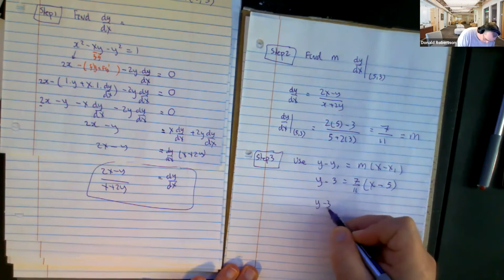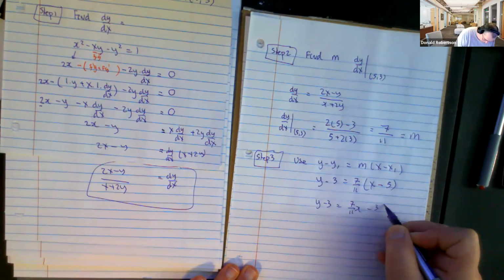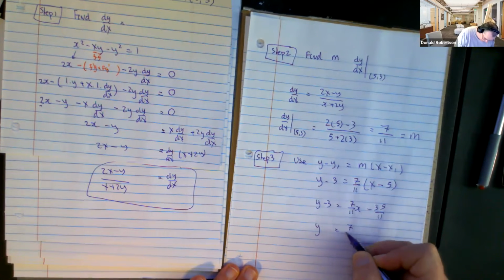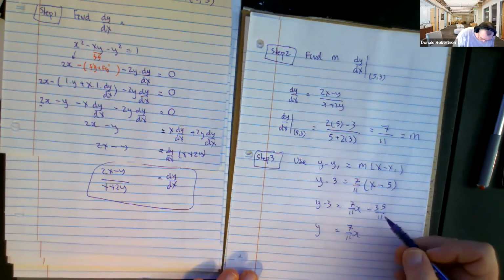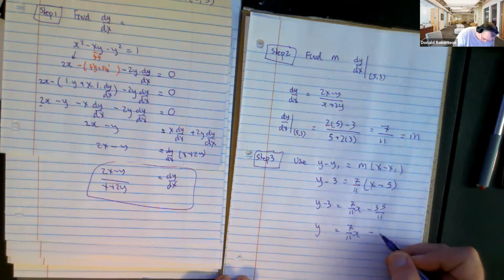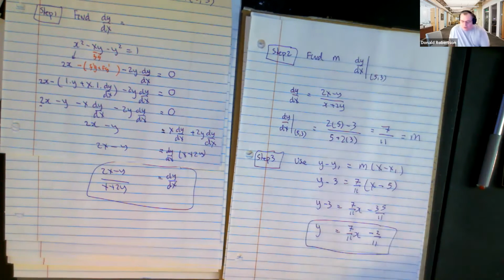And that guy distributes, not a very pretty answer. Add 3 to both sides. Well, adding 3 is like adding 33 elevenths, so that leaves you with 2. So there is your equation of a tangent line.